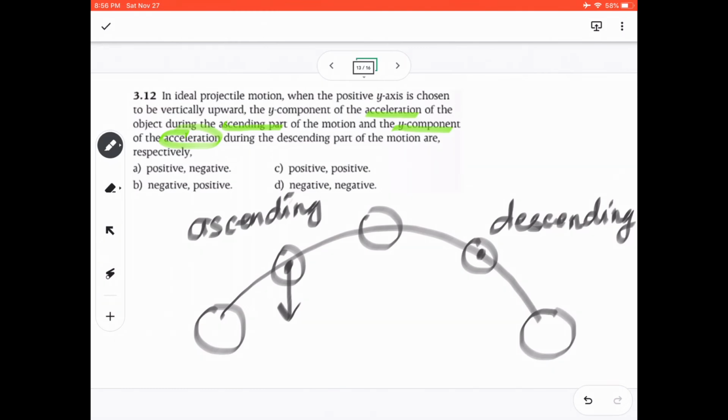How about in the descending part? It's also downward, so it's also negative. At all parts of the projectile motion, the acceleration is negative. Therefore, the answer for number 12 will be letter D, negative, negative.